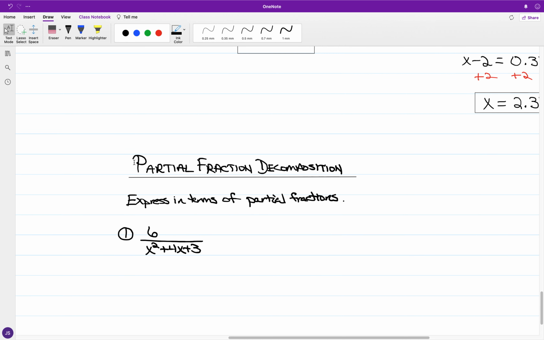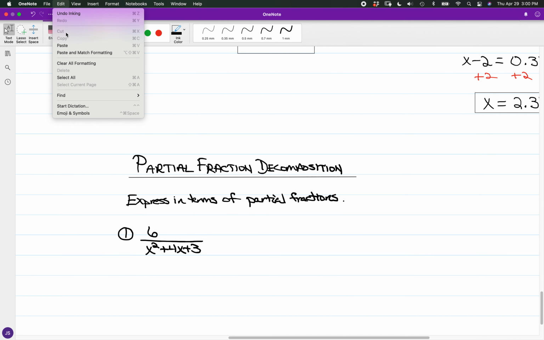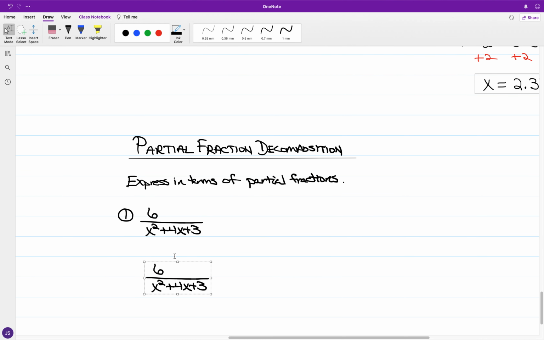Okay, now what we have in the denominator is a factorable trinomial.